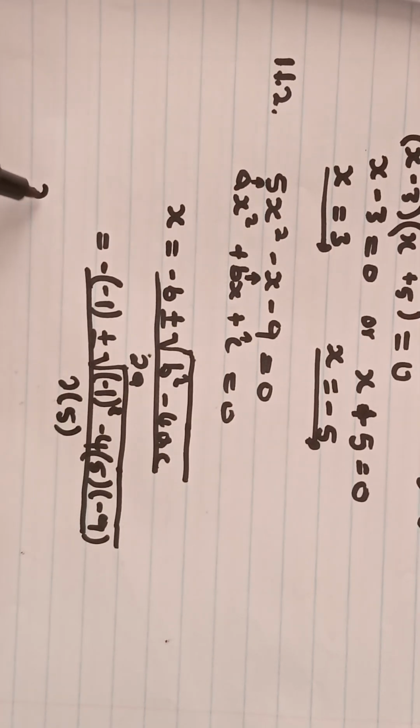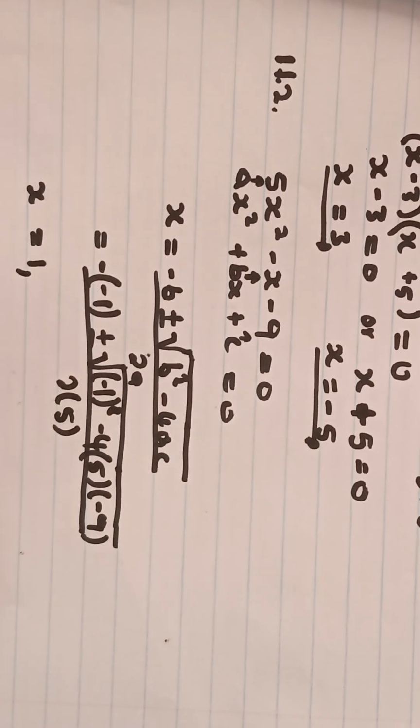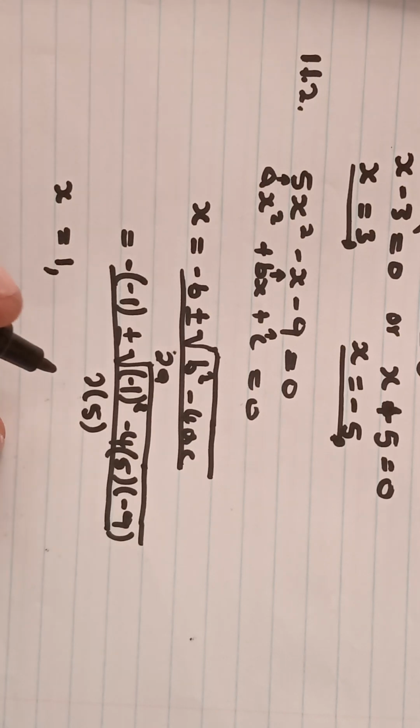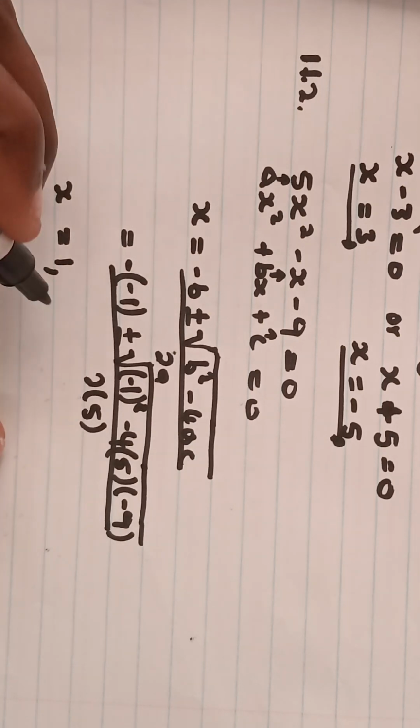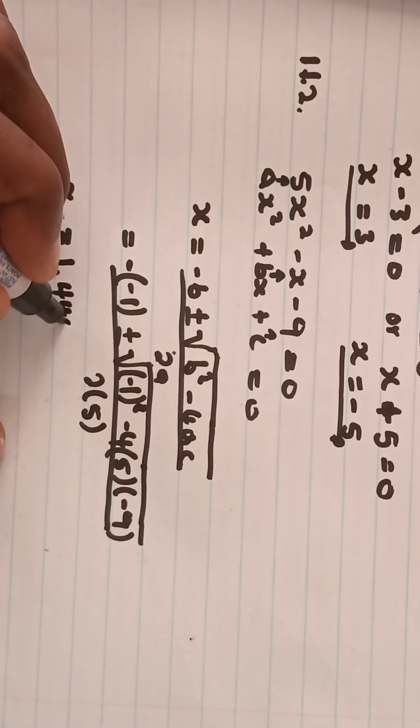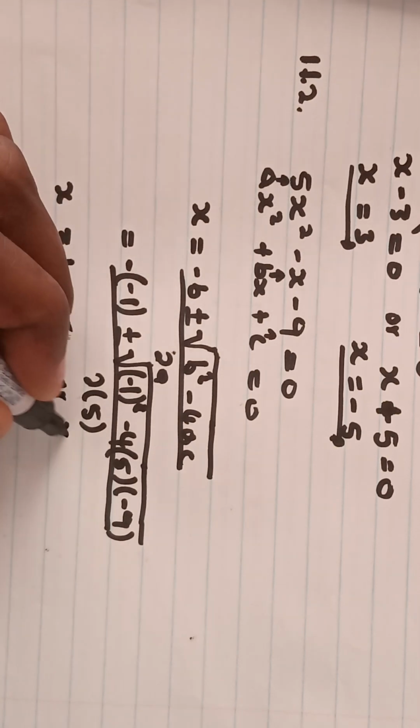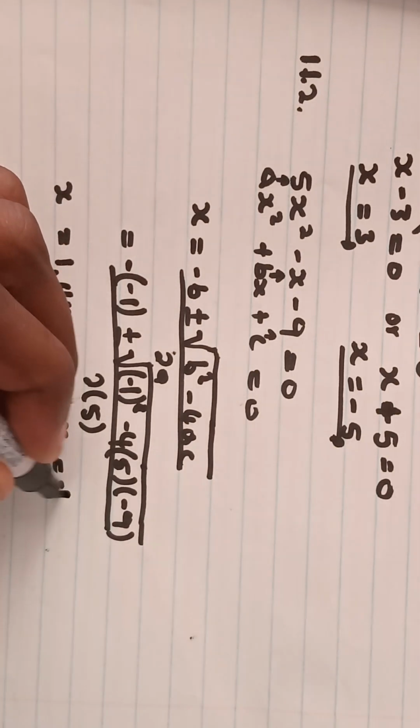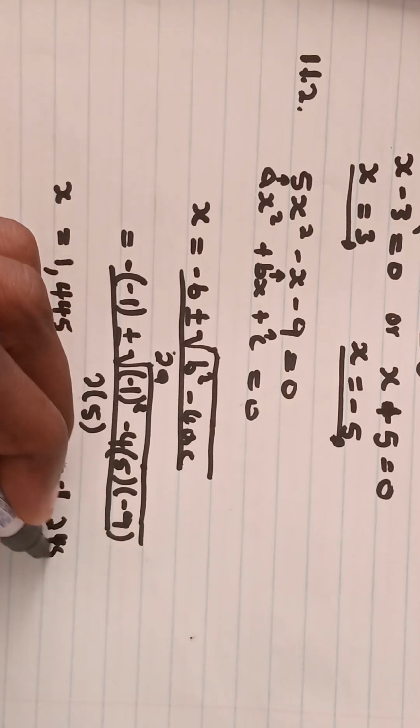Then our first value of x, when we punch our calculator, is 1.445, or x is equal to negative 1.245.